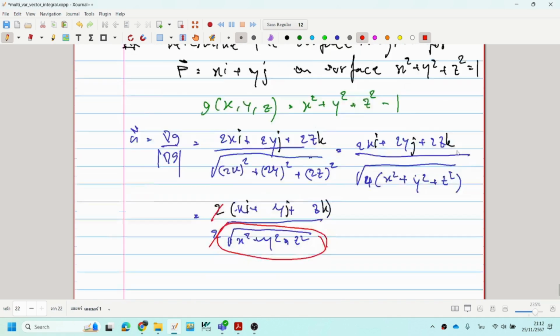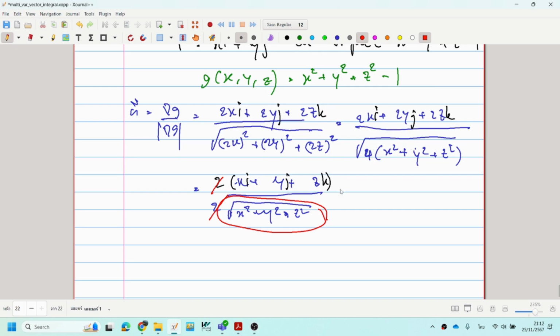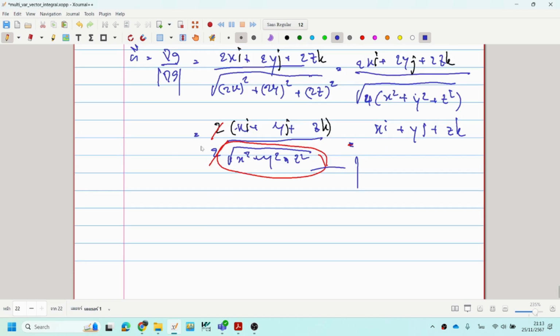I use that relation, compare with the below term, and you get 1. That means the unit vector, the final solution for unit vector N, is xi plus yj plus zk, because the below term became 1 already.